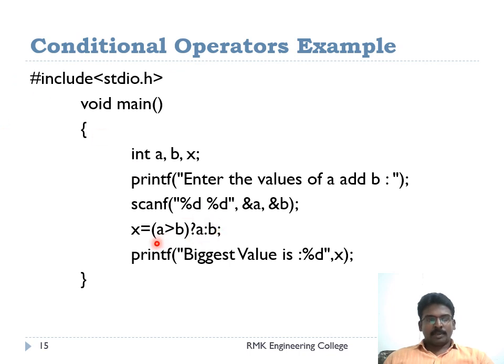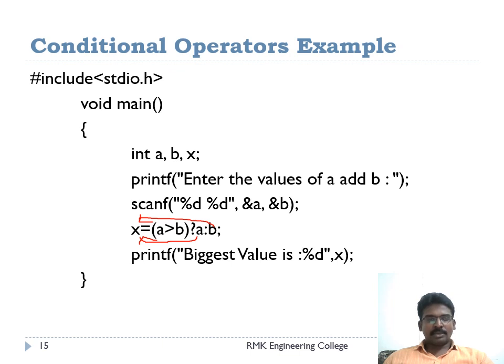Here we are receiving two values A and B, and another variable X is used to store the result. So we are comparing whether A is greater than B. If A is greater than B, then the condition becomes true, and the value of A will be assigned to X. If the condition is false, then B will be assigned to X. So in this example, we are just going to find which is the biggest value.